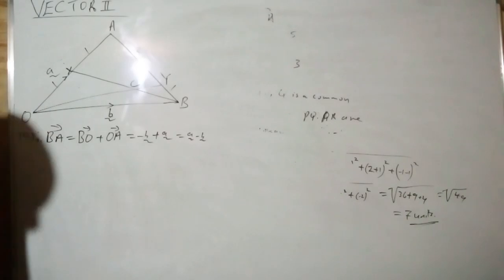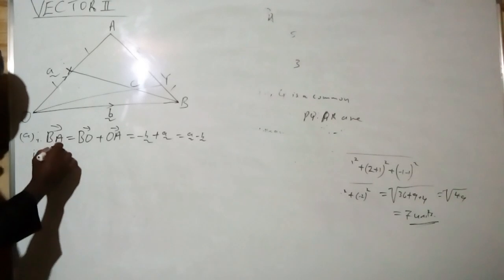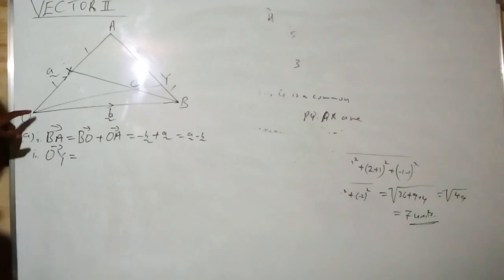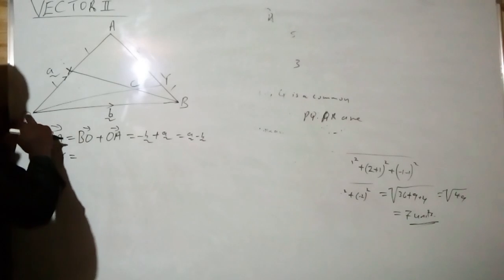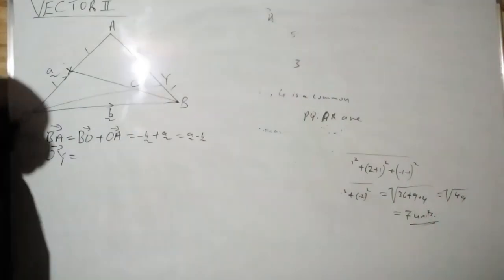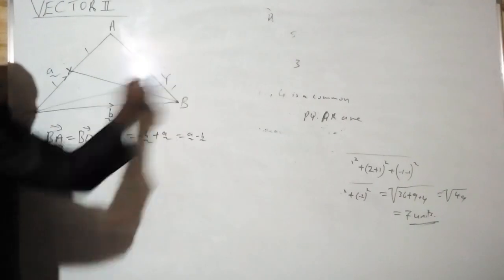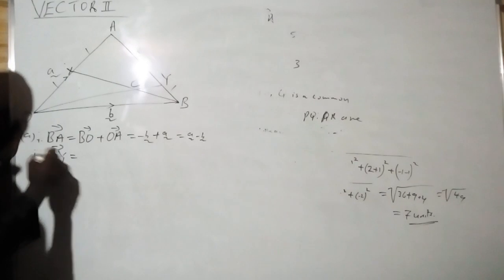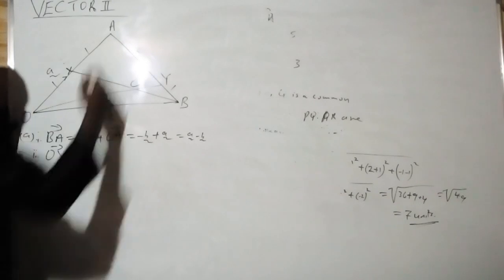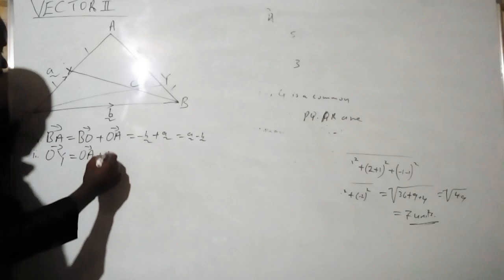Roman 2, OY. Y is here. We want to move from O to Y, but you cannot move directly. So you can use the route OA, AY, or OB, then BY. OY is equal to, we can use OA plus AY like that.